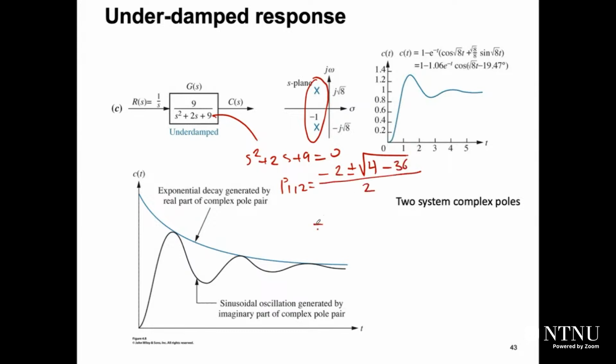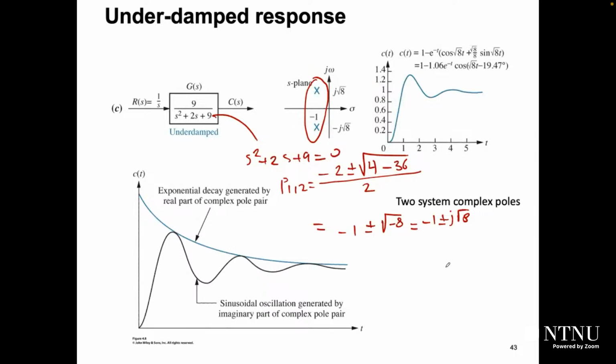So it will be minus 1 plus or minus, taking 4 outside, the square root of minus 8. Correct? So it will be minus 1 plus or minus j square root 8. It will be just the square root of 8.